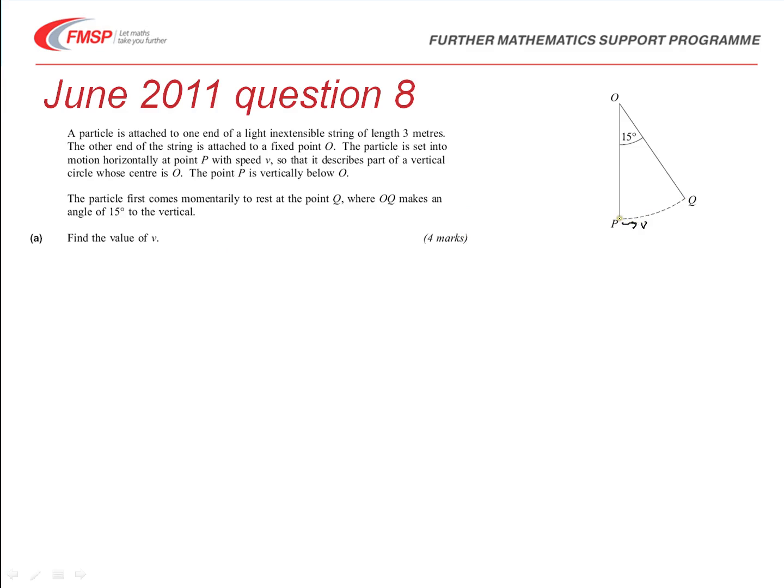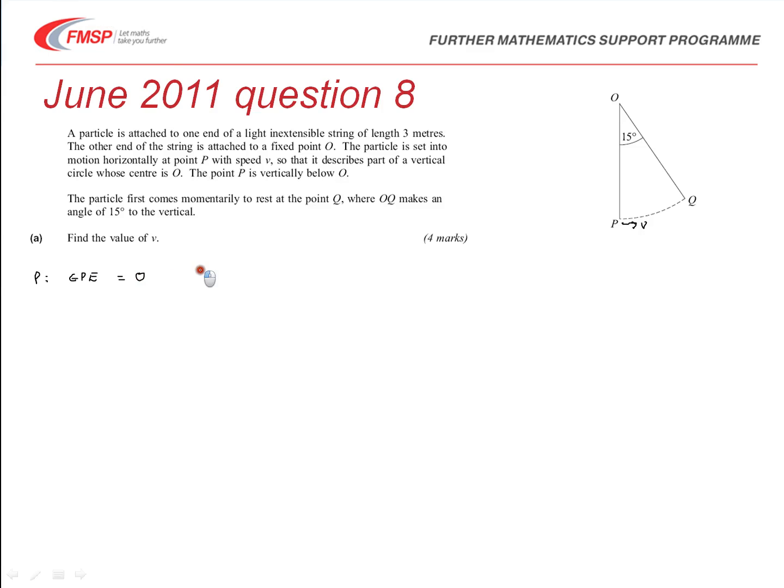So for this part of the question, typically for a vertical circular motion, we would analyse the energies. So we need to consider the energies at P and then the energies at Q. So we can say that the gravitational potential energy at P we can define as being 0, our chosen 0 reference point.